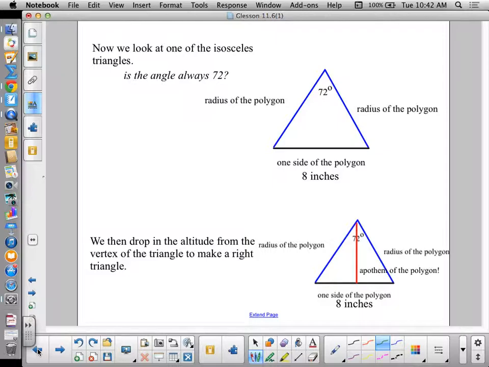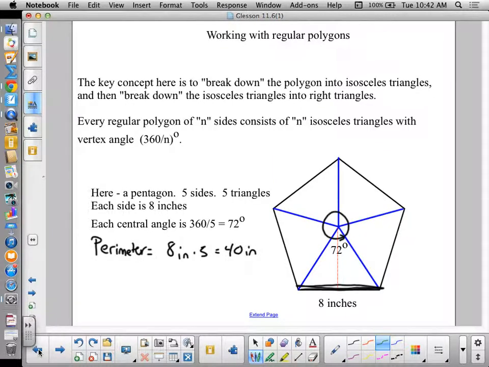That means this triangle, which is 2 of those triangles, is 22 inches squared. And since that's 22 inches squared, each of these is 22 inches squared. And we put that all together, we get 110 square inches.